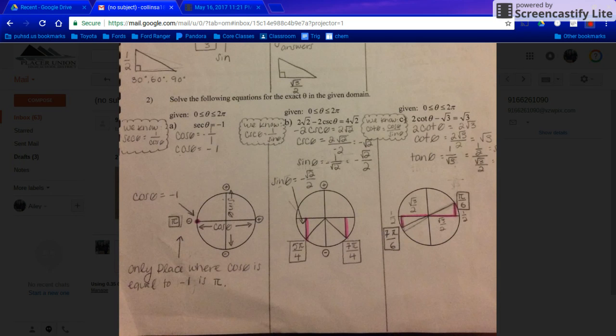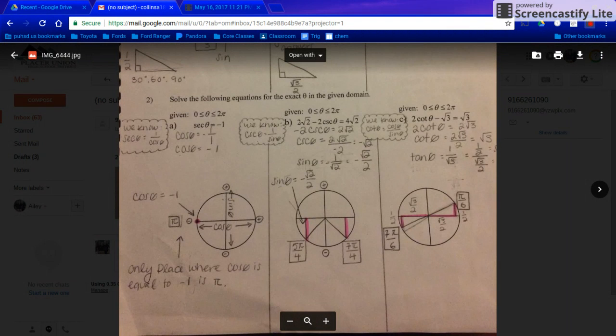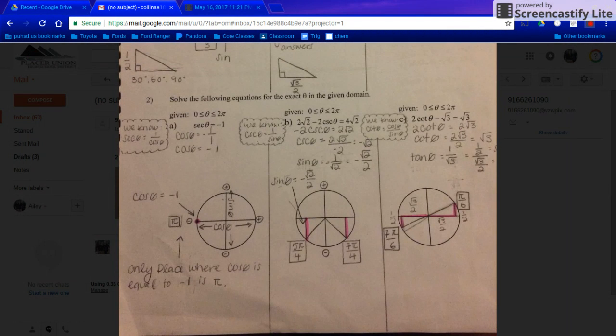So we're going to go down to the unit circle. I'm going to find where on the vertical axis sine is equal to negative root 2 over 2, which happens to be 5 pi over 4 and 7 pi over 4. Now you're going to stop and you're going to do C.